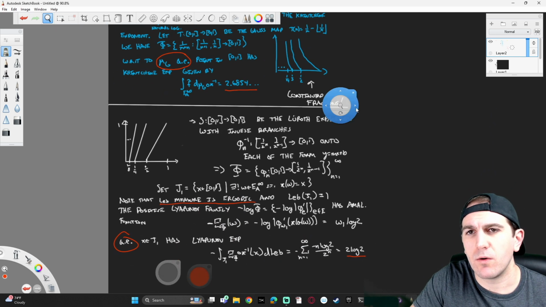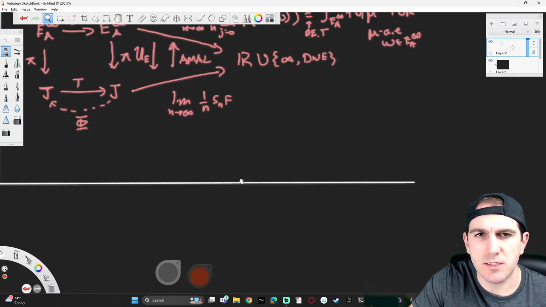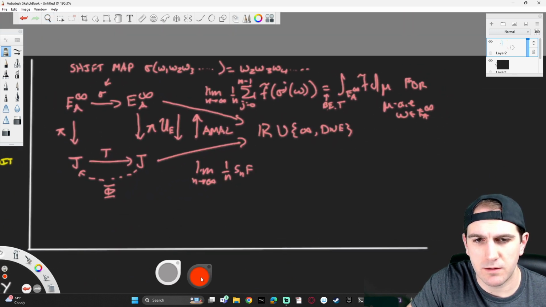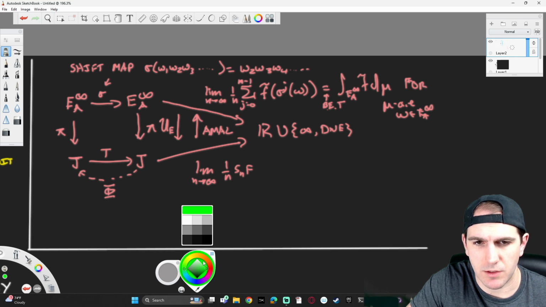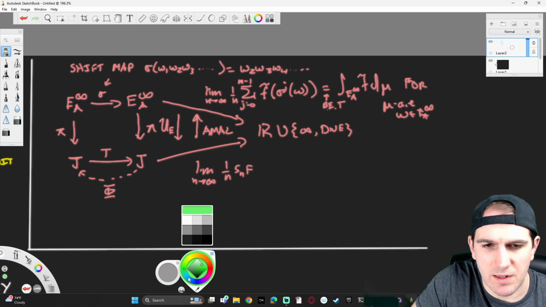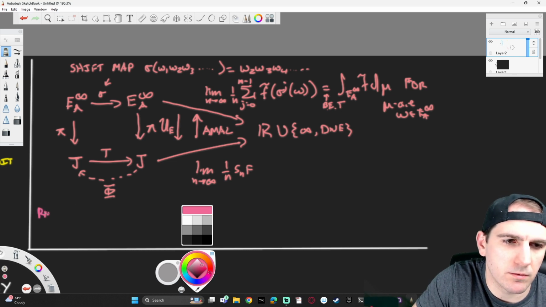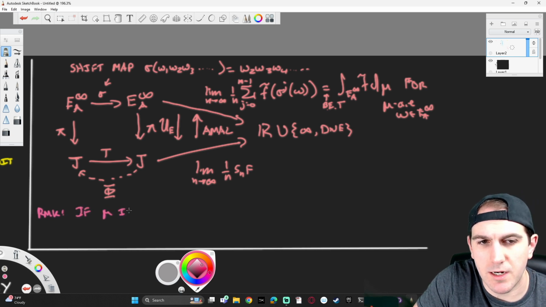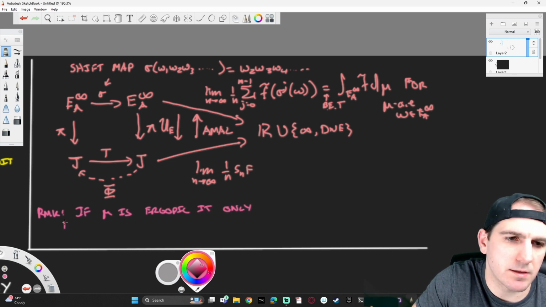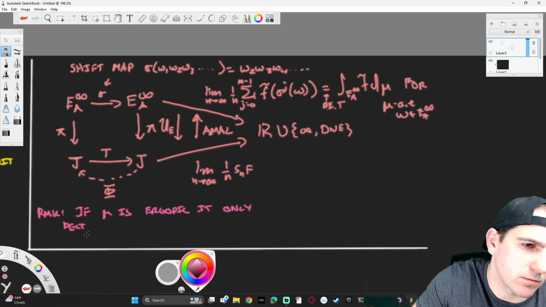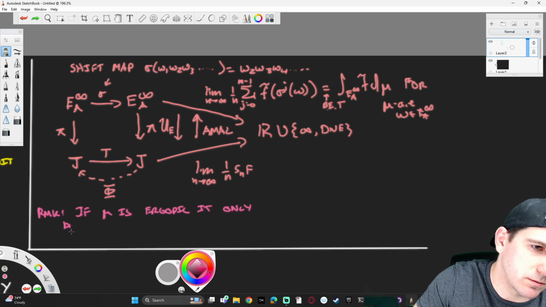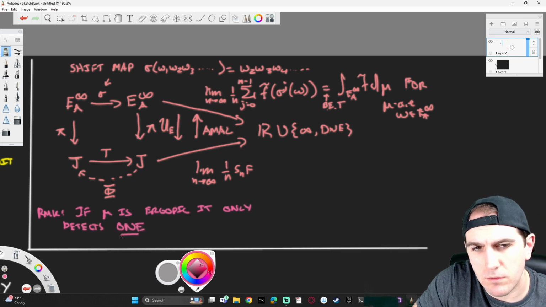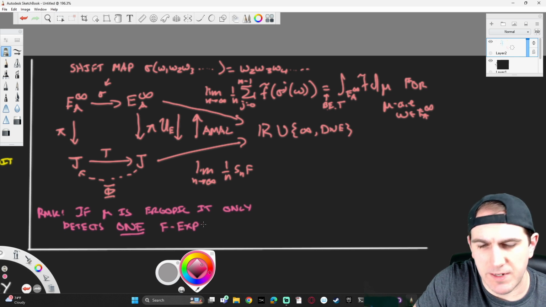And so in this apparatus, the remark here is: if mu is ergodic, it only detects one F-exponent.